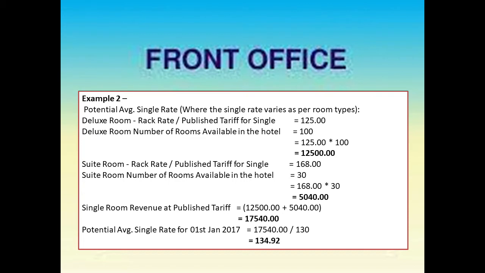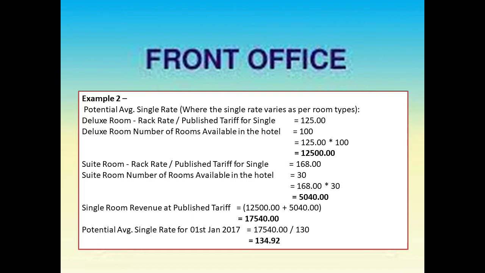And then the suite room rack rate published tariff for single is equal to 168. Suite room number of rooms available in the hotel is equal to 30, equals 168 multiplied by 30. The answer is 5,040.